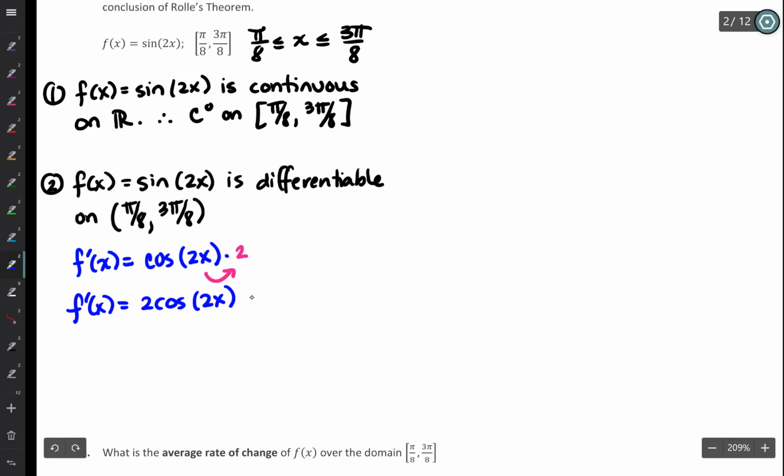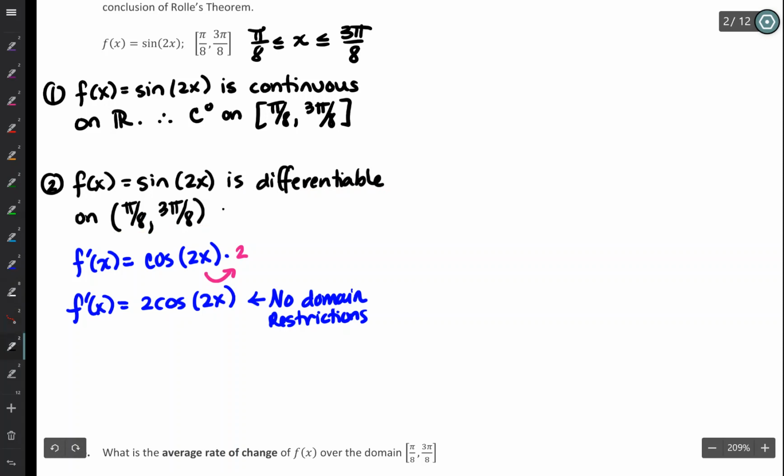That function exists everywhere. There are no domain restrictions. So it's fine to say that the function is differentiable on this interval.